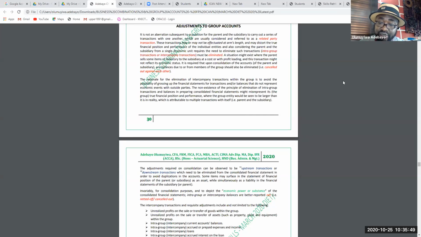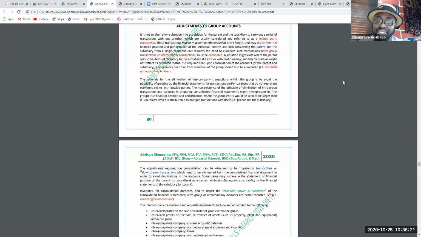The first one is the issue of cash in transit. Cash in transit means that, perhaps, the parent's bank is GTB and the subsidiary's bank is Zenith. Now the subsidiary is owing the parent, and the subsidiary has given a banking transfer instruction to the bank to pay its parent.